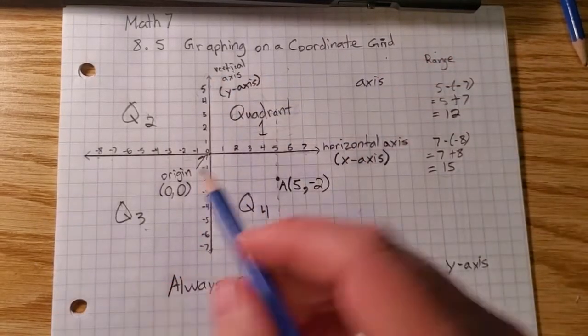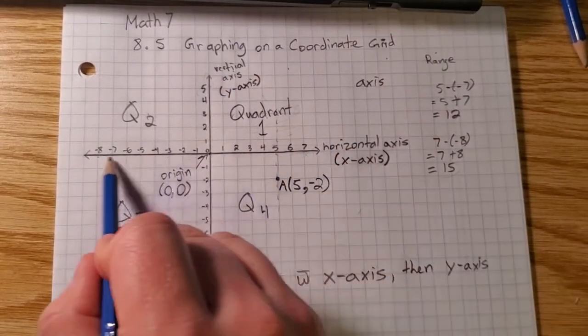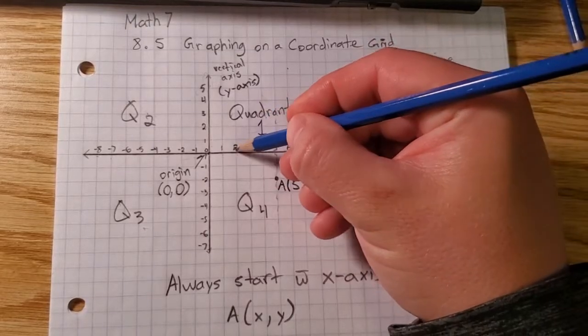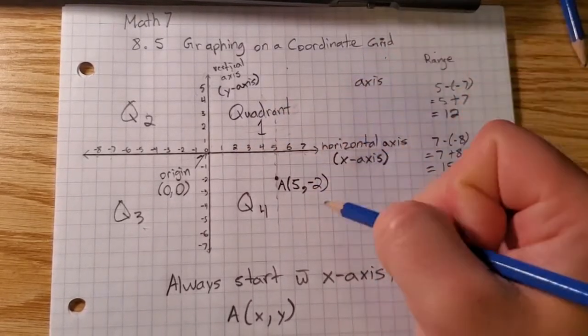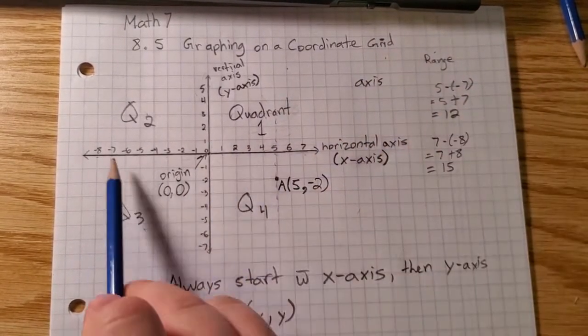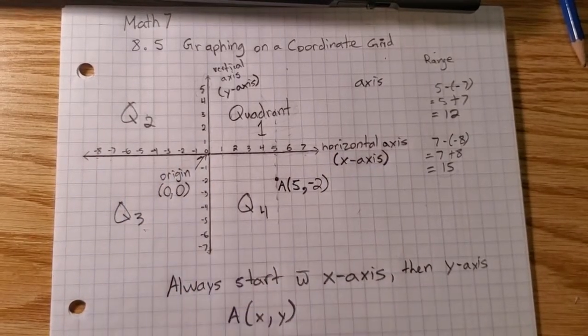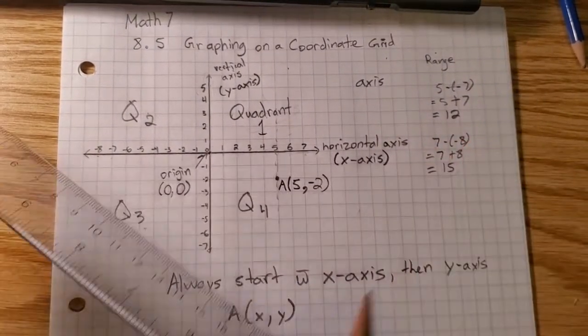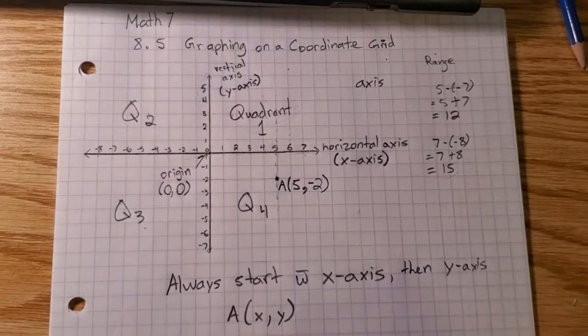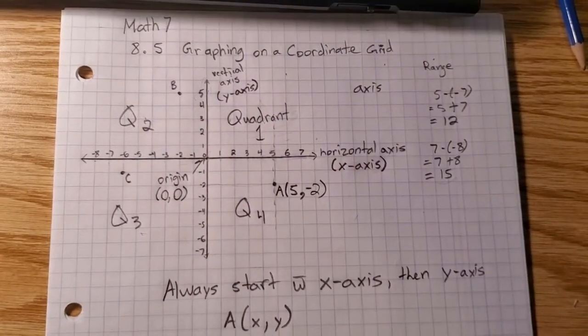If you think about a ruler, you're measuring this way, but the markers are perpendicular to it. So just remember that the flat left-right one is the x-axis, and the up-down one is the y-axis.